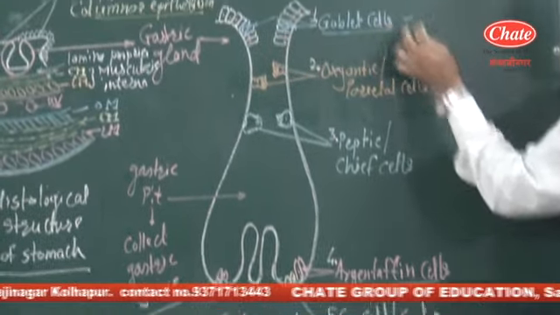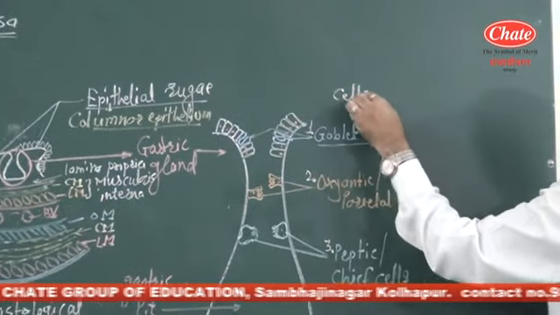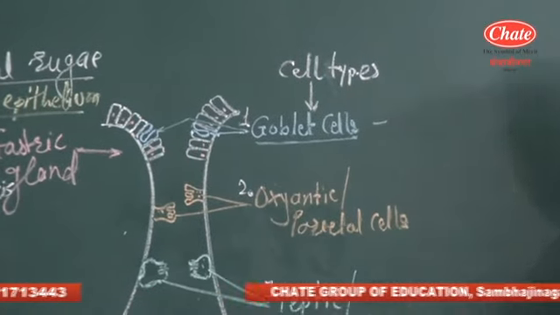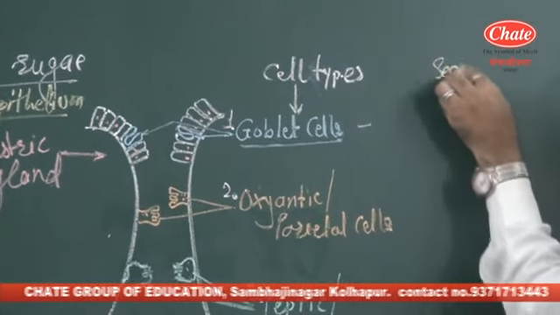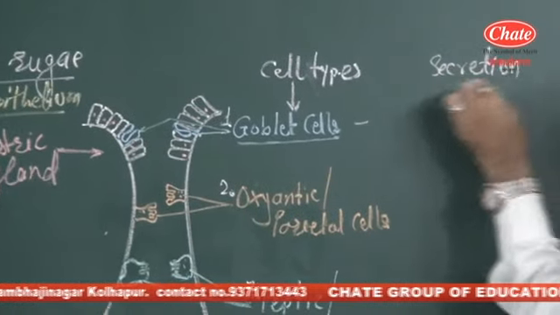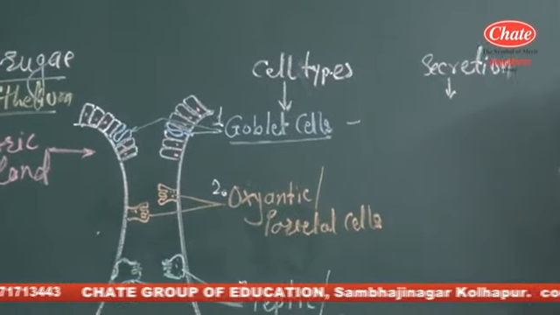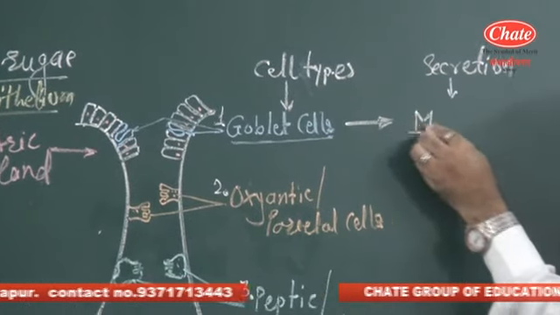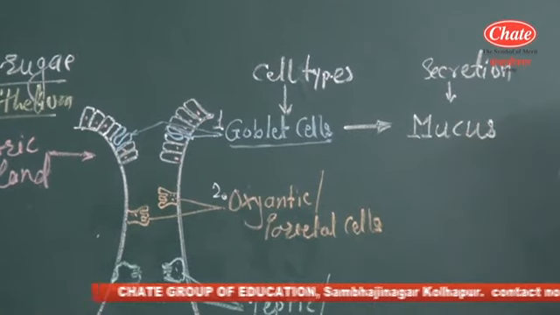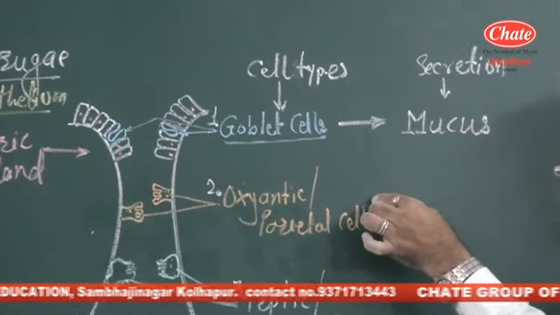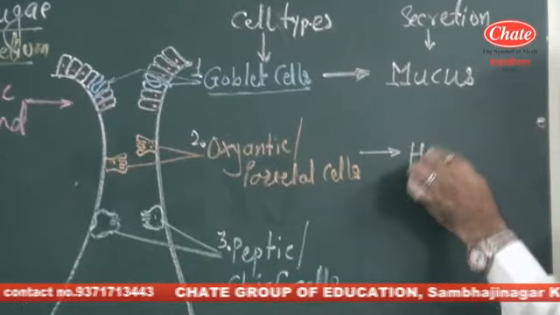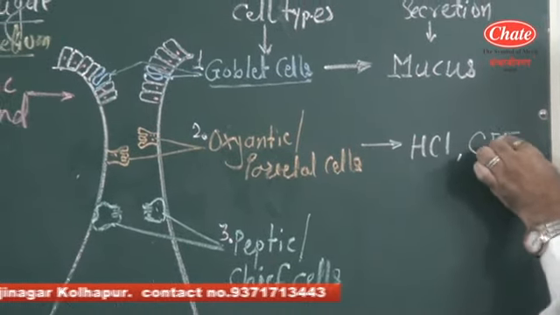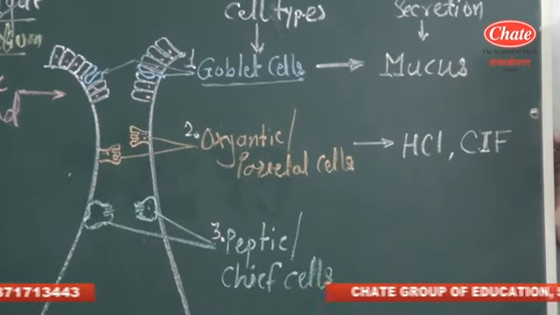Now concentrate on this. These are the cell types of gastric gland, and now the secretion secreted by these cells. So goblet cell secretes the mucus. Oxyntic cell secretes HCl, hydrochloric acid, and CIF, castle intrinsic factor.